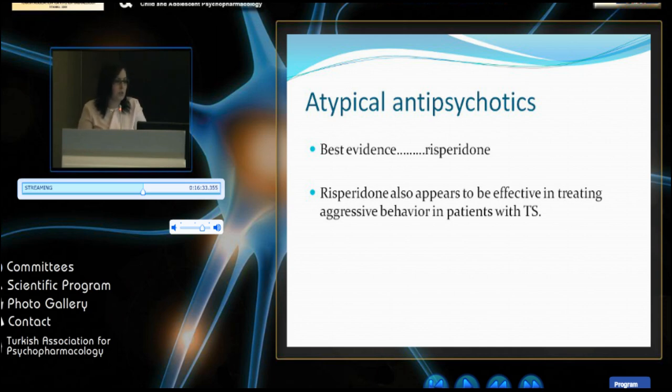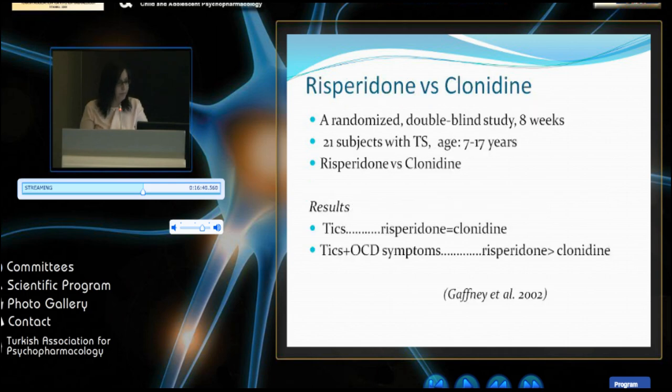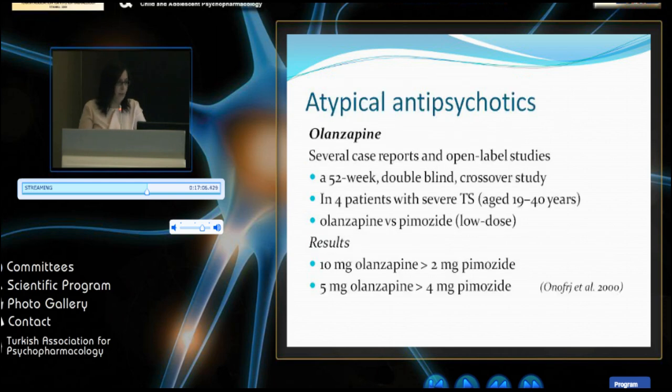Risperidone also appears to be effective in treating aggressive behavior in patients with tic disorders, like anger tantrums and some other disorders. When it is compared with clonidine, in an 8-week, double-blind, randomized study, 21 subjects with TS between the ages of 7 and 17 were included, and risperidone, in terms of its effectiveness on tics, is equal to clonidine. However, in terms of tics plus OCD symptoms, risperidone is superior to clonidine.